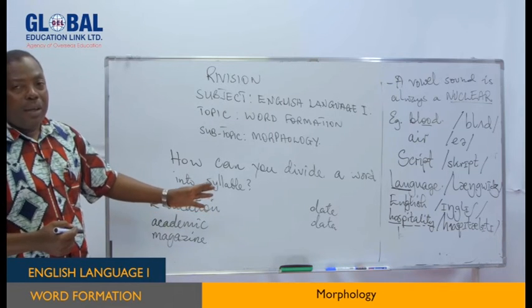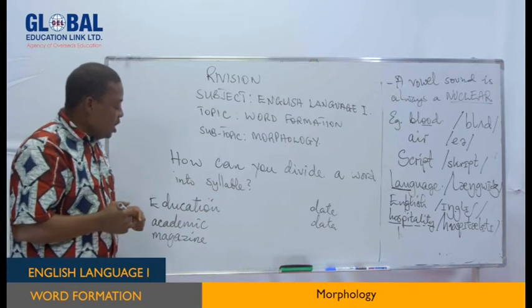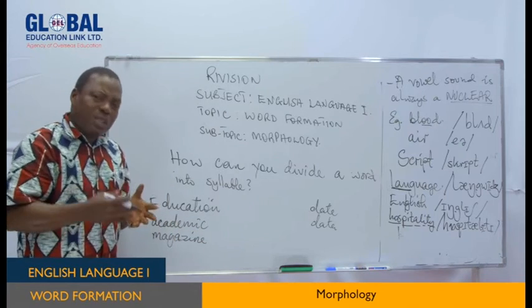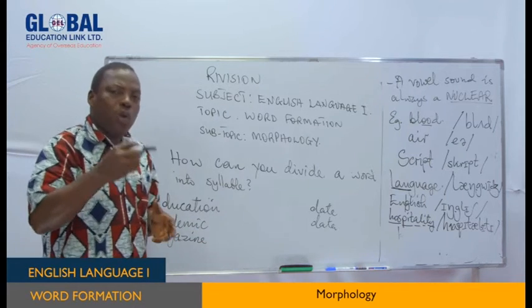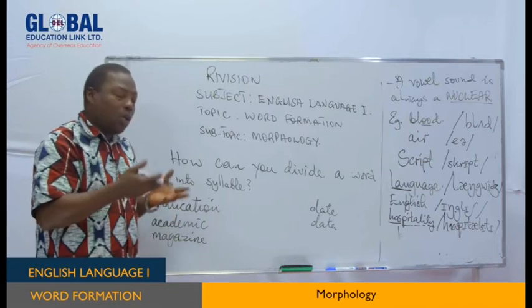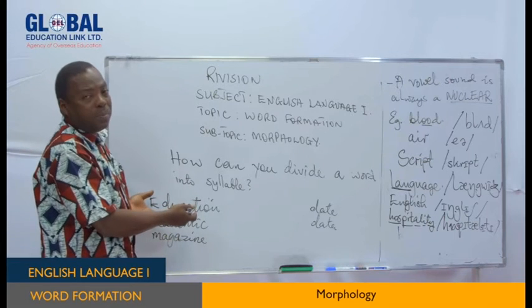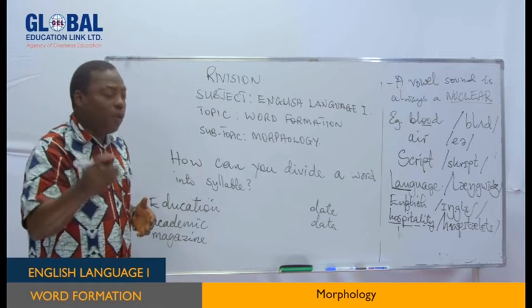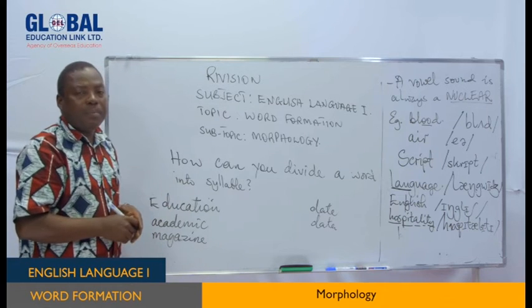Education. As I said, it becomes easy when you are able to pronounce it. When you pronounce it slowly, you will be making some short pauses in between the word. Looking at the word as it spells, it won't be easy for you to divide the word.